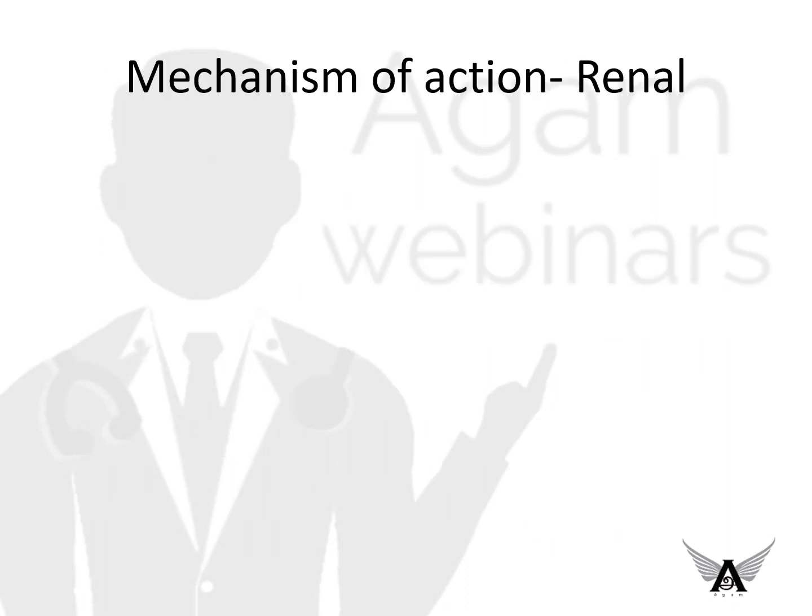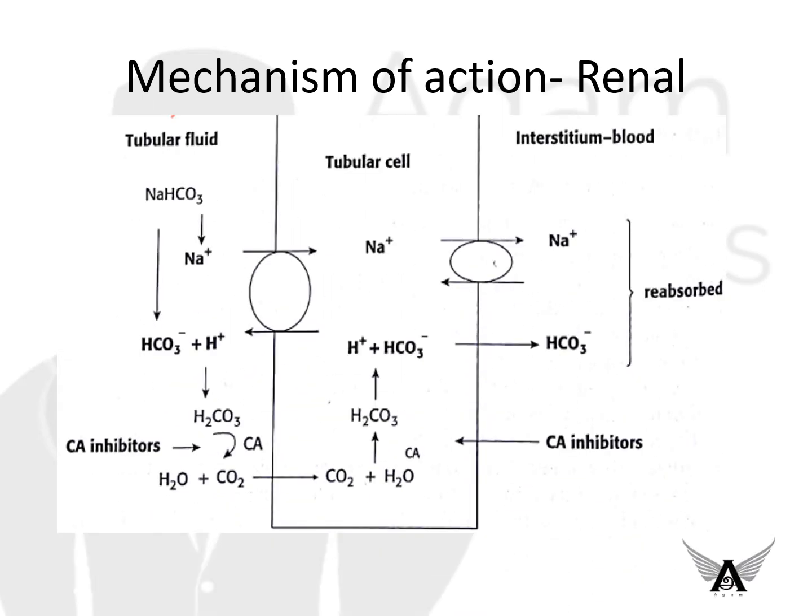Under mechanism of action of acetazolamide, let's look into its action in the renal system. So basically, this is the tubular fluid, this is the tubular cell, and this is the interstitium or the blood. Okay.